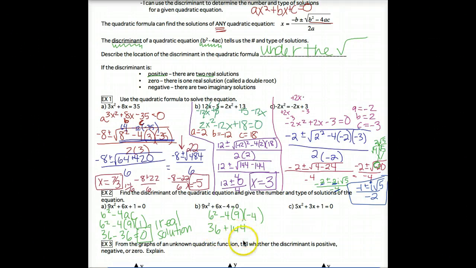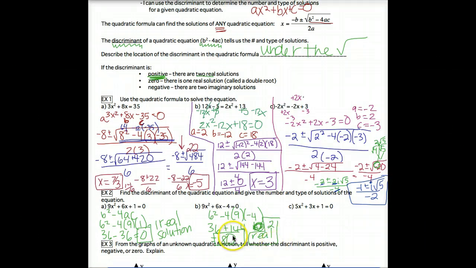Then 36 plus 144 is 180. So I look at my chart. Positive means that there are two real solutions. So 180 is the discriminant. And two real solutions is the number.